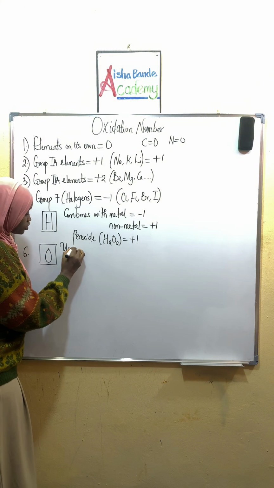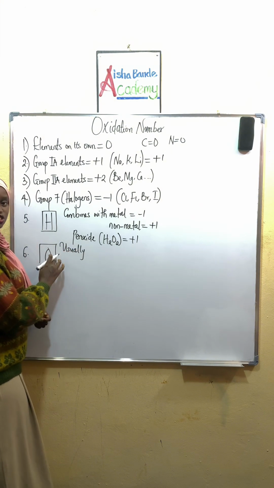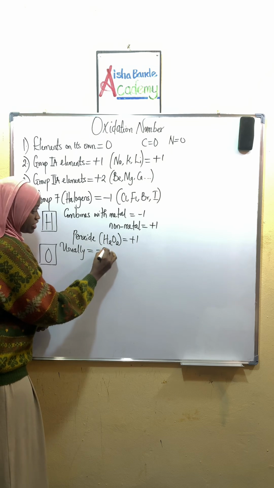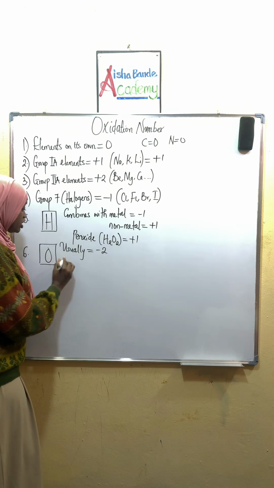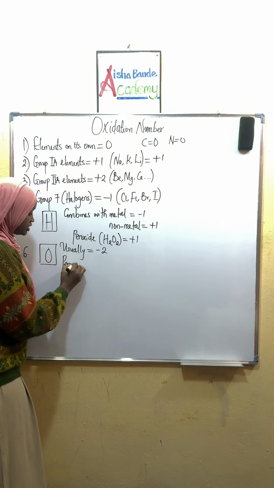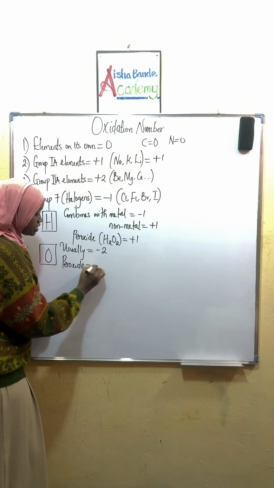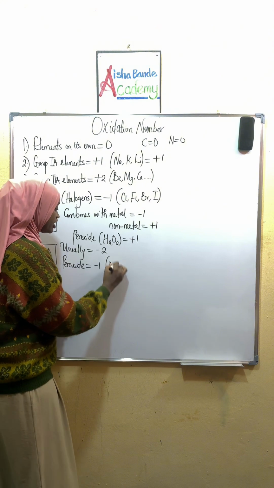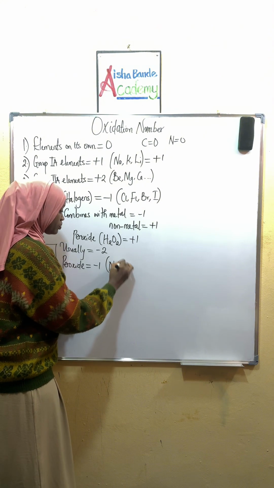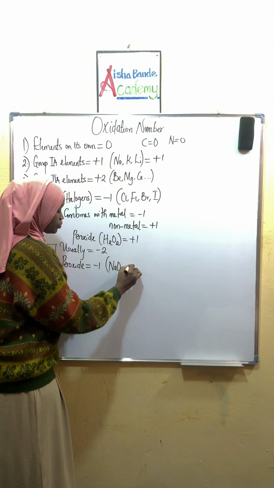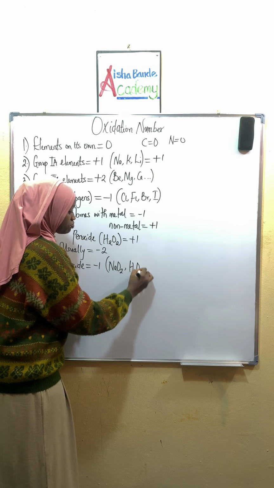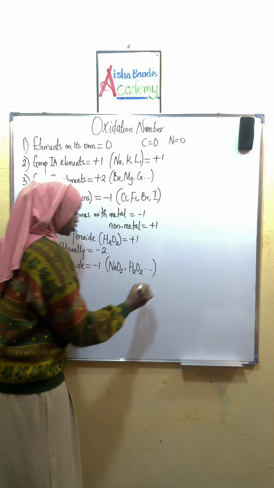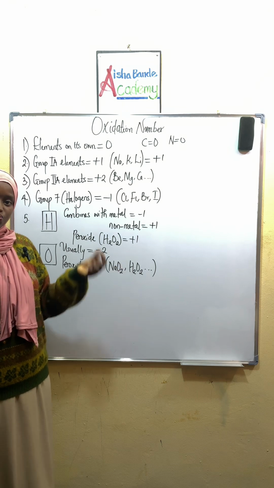Usually, the oxidation number of oxygen is equal to -2. But when oxygen now exists as a peroxide, its oxidation number is -1. Examples are sodium peroxide, hydrogen peroxide, and so on. Okay, so let's take notes, very important.